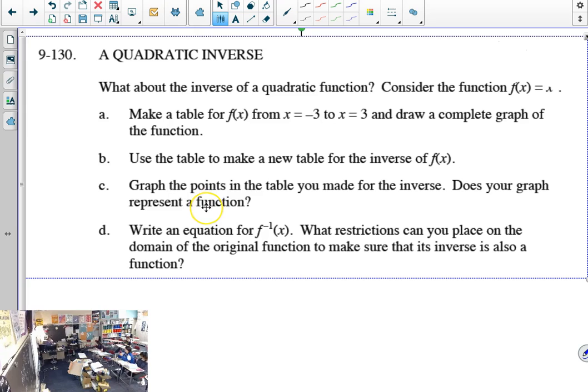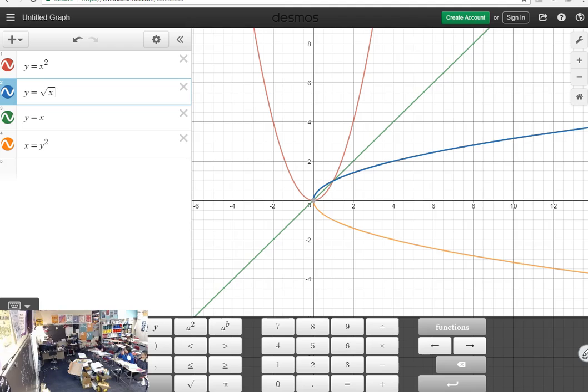So here's the problem. What's the difference between yellow and blue? Yellow shows negative. Yellow has the negative range. It shows a negative range, and the blue one doesn't.